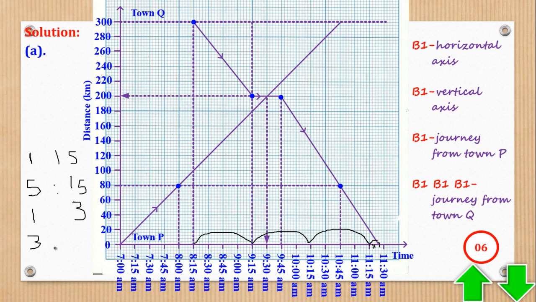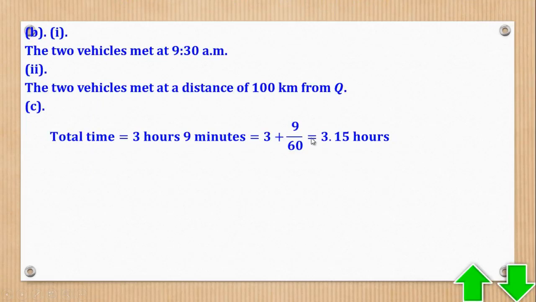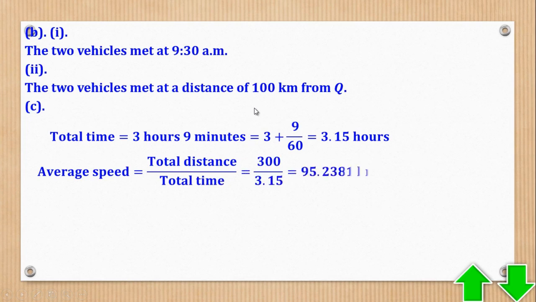So 3 small squares will represent 3 times 3, which is 9 minutes. So that's why we said the total time is 3 hours, 9 minutes. Okay. In terms of hours, it is 9 minutes in hours, 9 over 60, which is 0.15 hours. Then you can now get the average speed. And that's what they wanted.